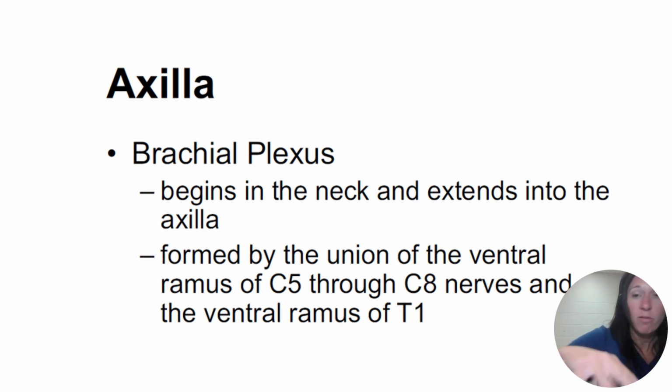And the origin, the starting point, are called the roots of the brachial plexus. So these roots are going to merge together, and then they're going to divide and come together and divide again. So while we're up in the neck, the brachial plexus is going to start with the union of the ventral rami of the C5 to T1 ventral rami.